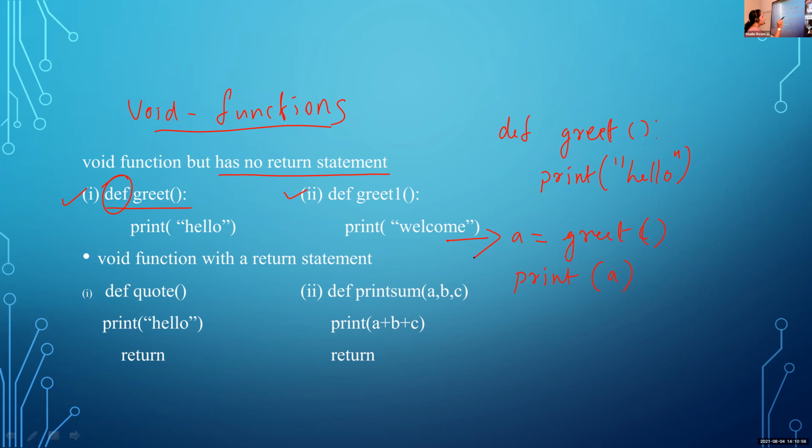Okay. When the interpreter reads this statement, greet empty bracket, the control moves to the function definition because greet is a function. This is a function call statement. So the control moves to the function definition. Okay. def greet empty bracket.